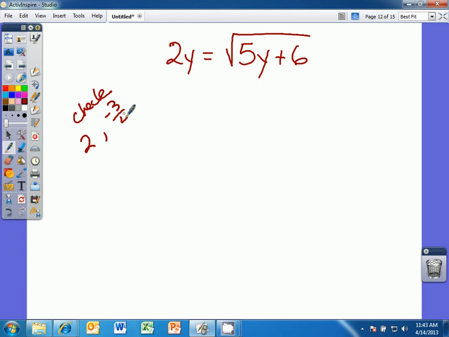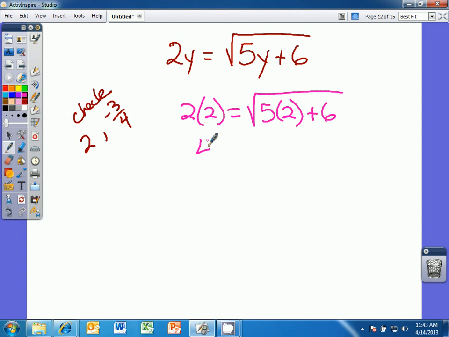If I plug 2 into this original problem, I get 2 times 2 is equal to the square root of 5 times 2 plus 6. Is 4 equal to the square root of 16? Yes, it is. So 2 is a solution.